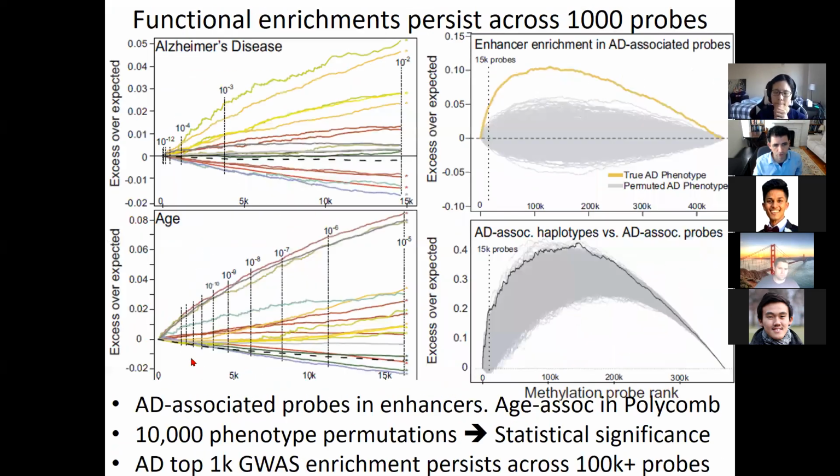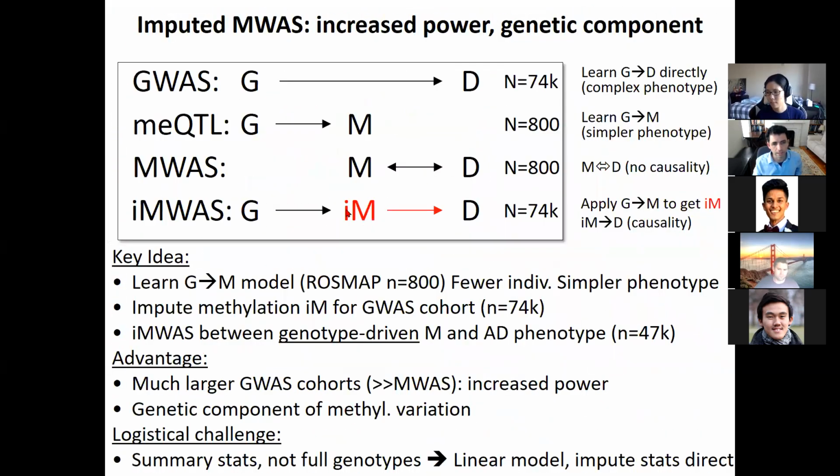And that's where it gets kind of interesting. If I look at imputed methylation, which is the genetically driven methylation where I apply this G2M to predict imputed M, then I can ask, how is imputed methylation correlated with disease? And because imputed methylation is genetically driven, this is not all of methylation, this is only the genetic component of methylation, then I have a unidirectional arrow again.